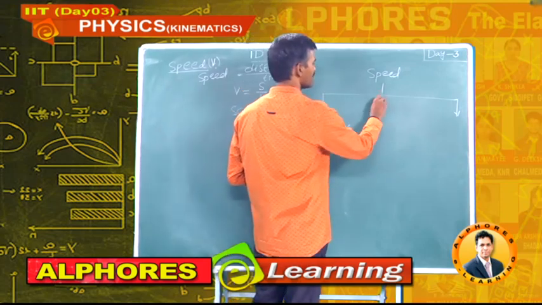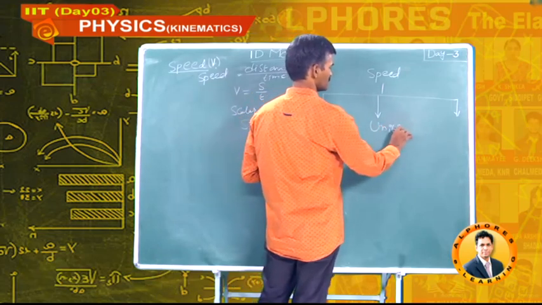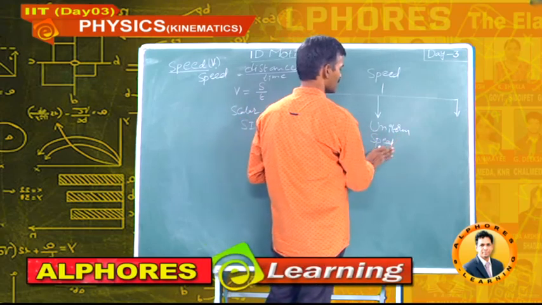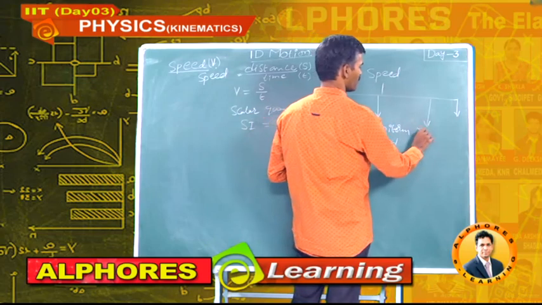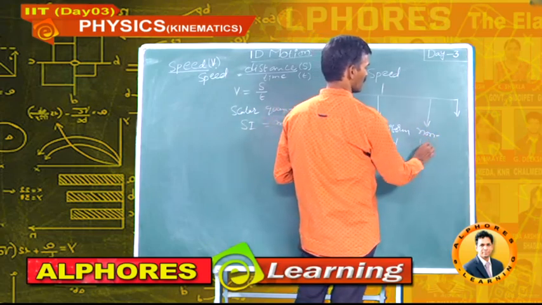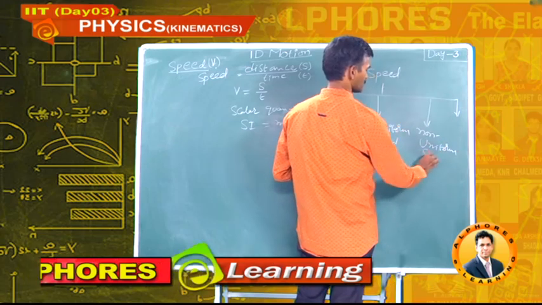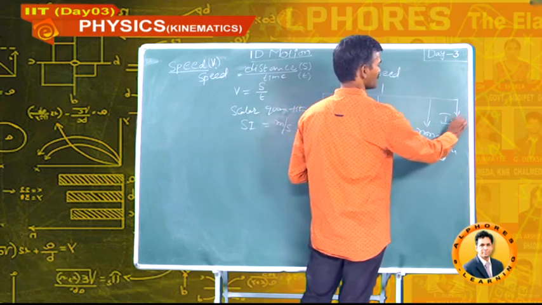The second category is uniform speed. The third category is non-uniform speed. And the fourth one is instantaneous speed.